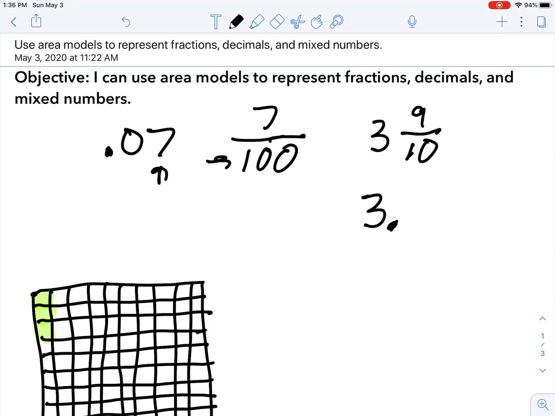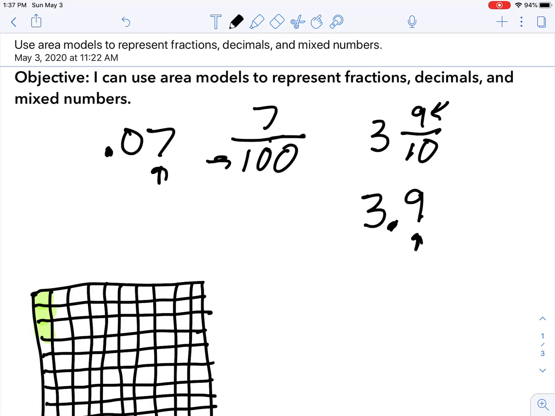That's right, you'd write your whole number, which is always on the left of the decimal point, and then 9/10. So we write our numerator down and make sure that it ends in the tenths place, which it does. So 3.9.